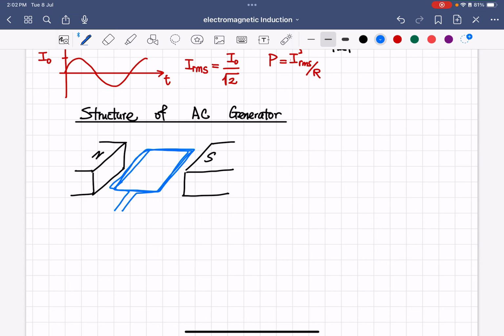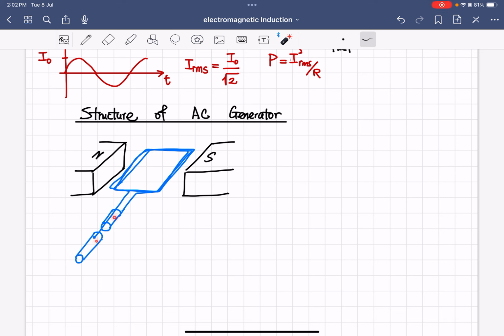It can turn afterwards. And then it is connected to two slip rings. Essentially, it's just a cylinder like this. So this part of the coil is connected to this slip ring, and this part of the coil is connected to the other slip ring.